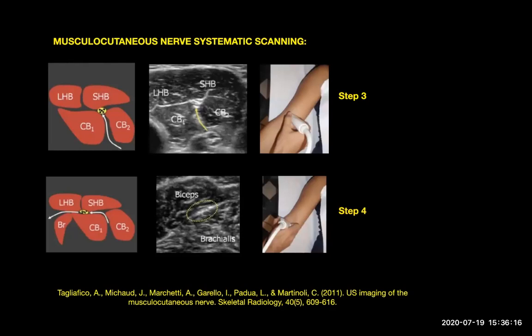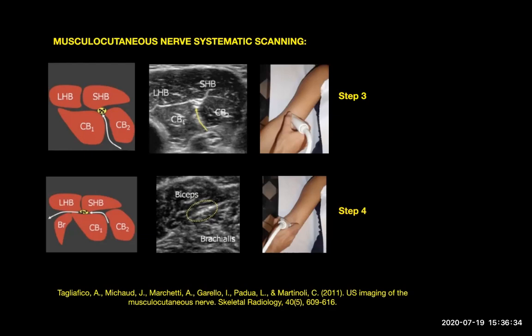So you're almost at the distal third of the arm, and you can see the nerve right there. And then as you go down farther, you can see that it is now located between your biceps and your brachialis, which is very close now to the elbow.